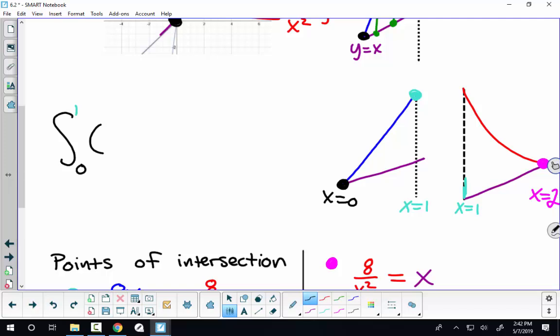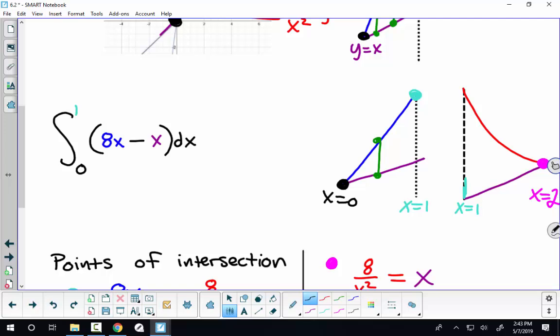Since the rectangles run like this, the height is just defined as the top minus the bottom. You're just measuring that vertical distance. So the height is the blue function minus the purple function. The height of all of those rectangles is defined by 8x minus x dx.